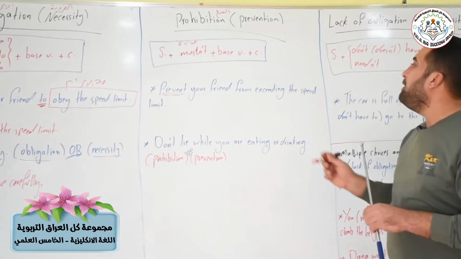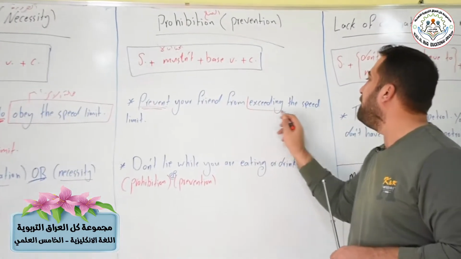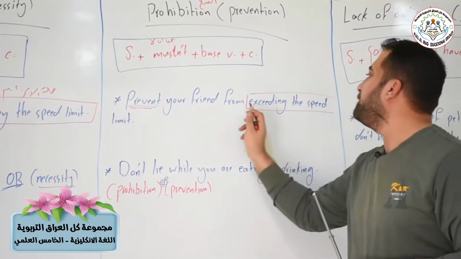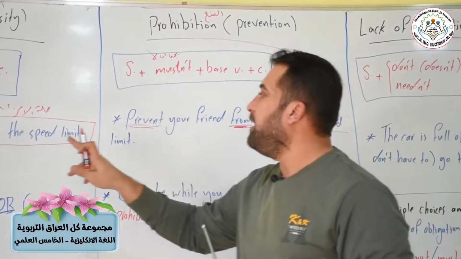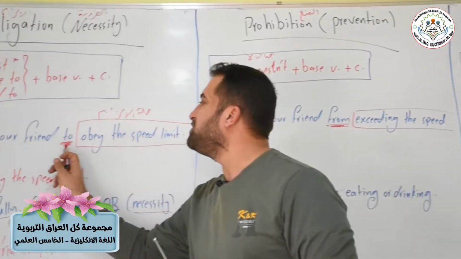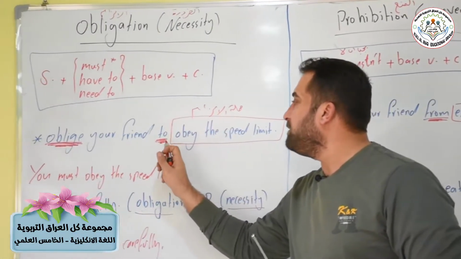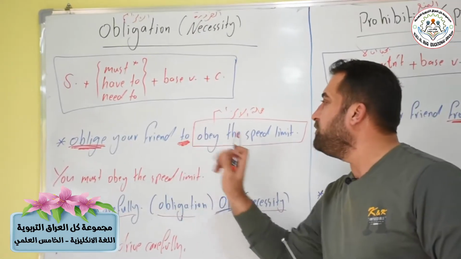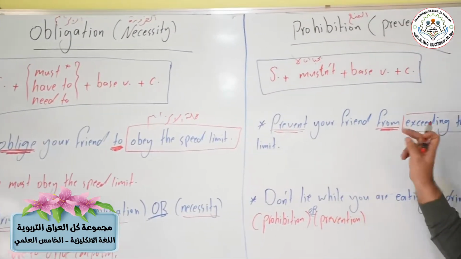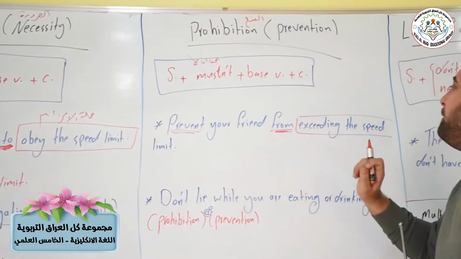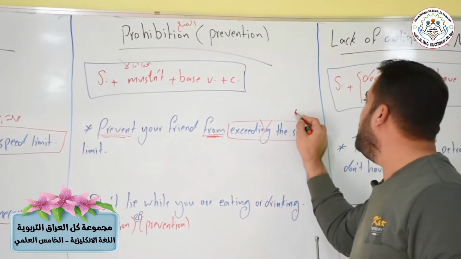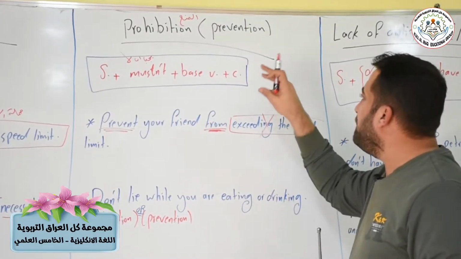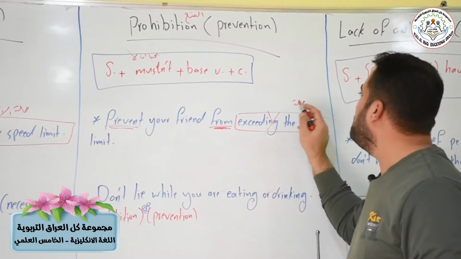This sentence is after the first preposition from, بعد أول preposition. It comes after the first infinitive to, and after the first preposition from, and without ing. This is the sentence of prohibition, جملة المنع.